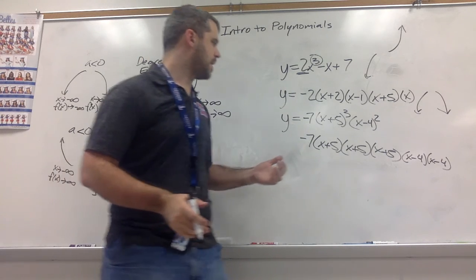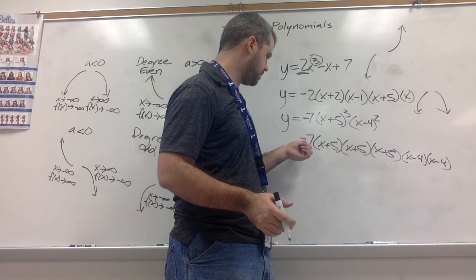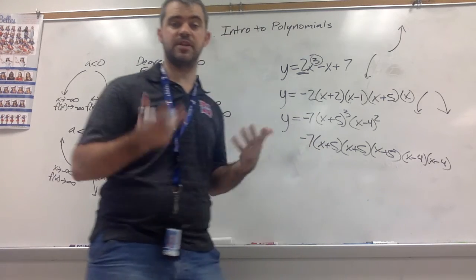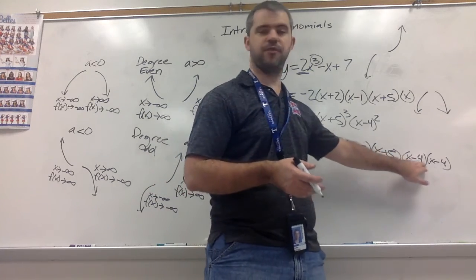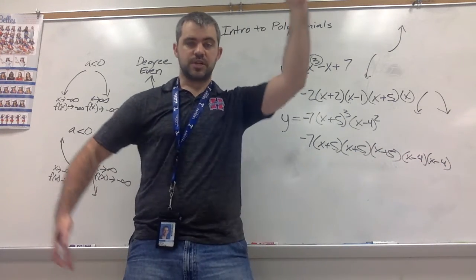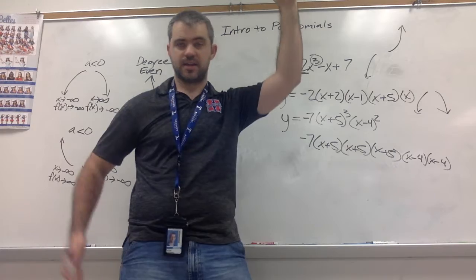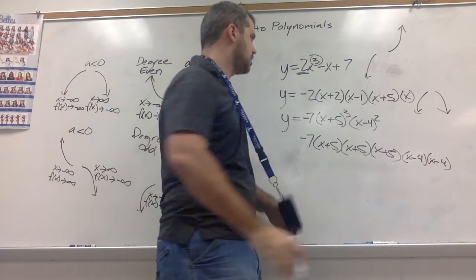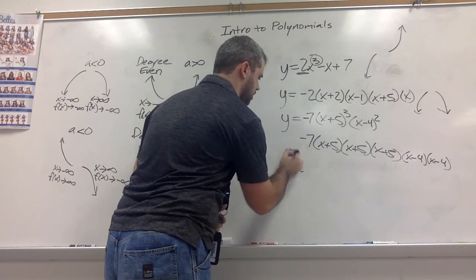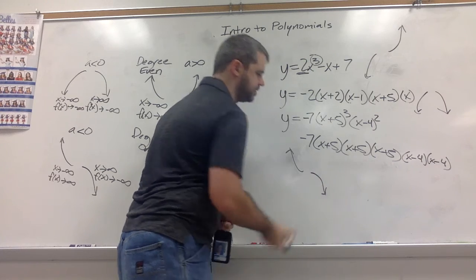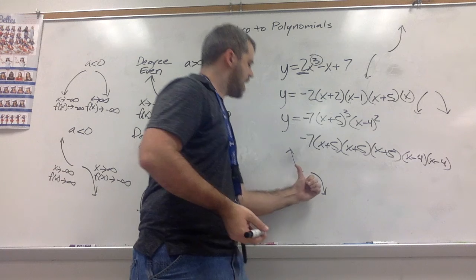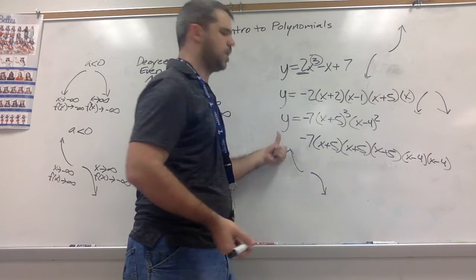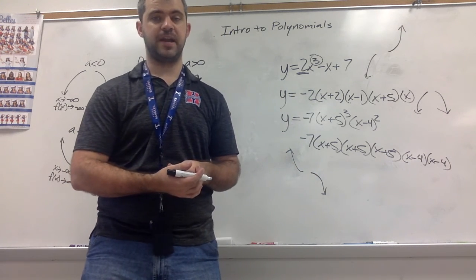So we have a leading coefficient of negative 7, a negative leading coefficient. Our degree is 1, 2, 3, 4, 5. So it's an odd degree, and it's negative. So we're going to look something like this. As x goes to infinity, y goes to negative infinity. As x goes to negative infinity, y goes to positive infinity.